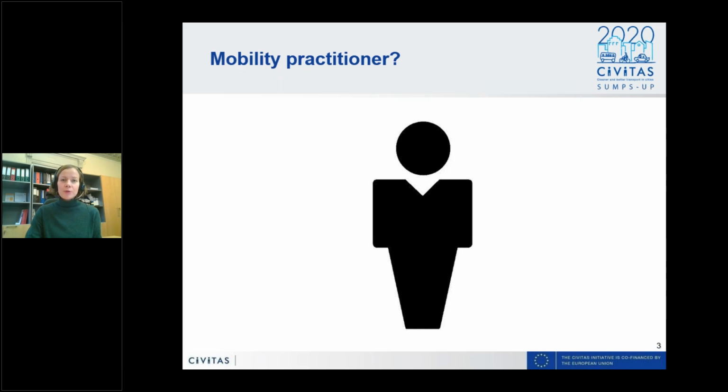But that can also be a person working for an NGO or a consultancy or a company who are working with cities and with different mobility issues, or also a person working in a city network or other support organization, or from a related field. So everybody basically can participate who wishes to learn more about sustainable urban mobility plans.